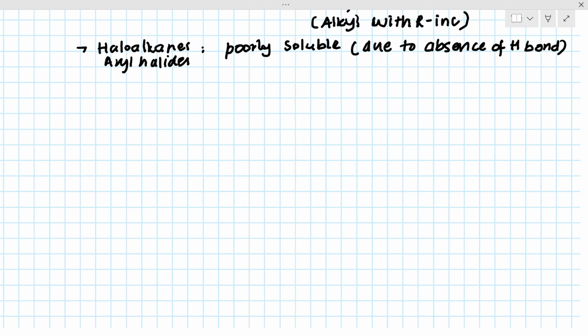Going now to chemical reactions. First is substitution reaction. Substitution reaction, that is shown by alkyl halides.